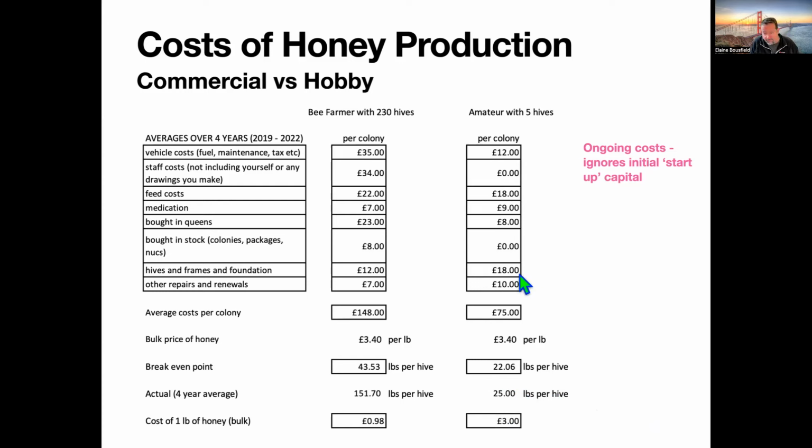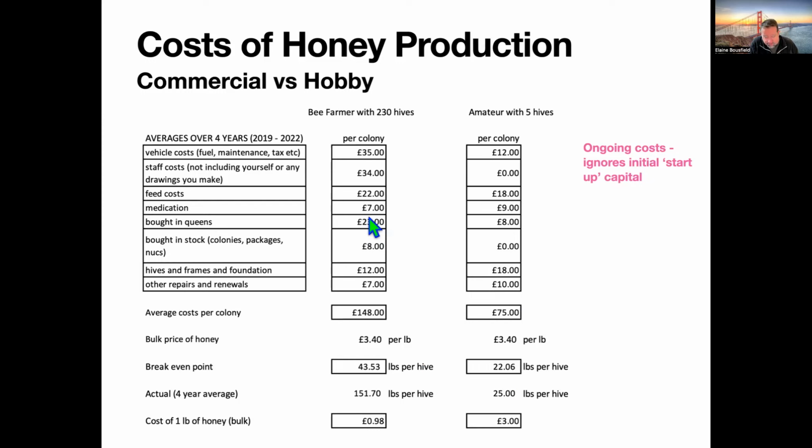And of course, any surplus that you make by selling honey at above these prices will go towards paying off some of these costs that you incurred when you set up.